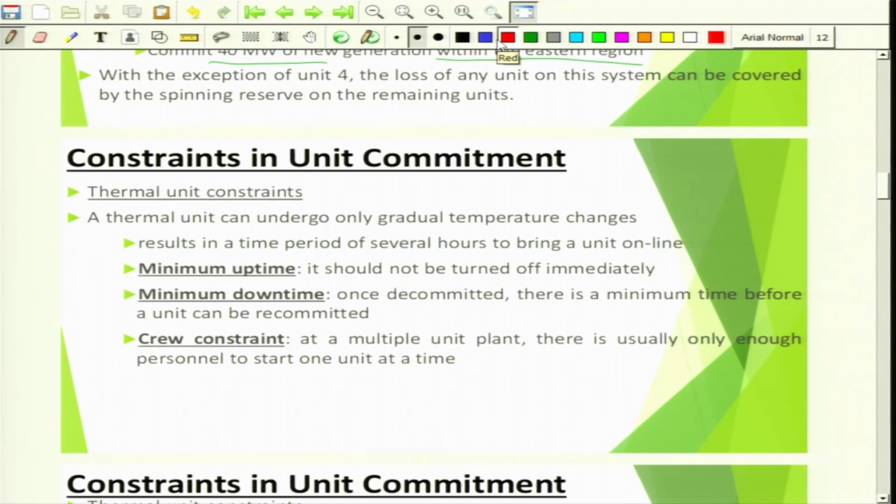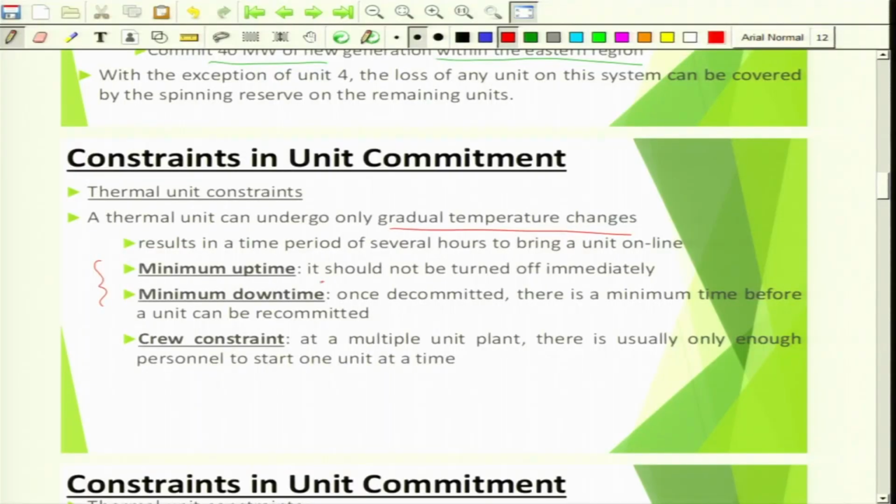Thermal unit constraints. A thermal unit can undergo only gradual temperature changes, which results in a time period of several hours to bring a unit online. So every generator has its own thermal limitations. We will discuss two important times, which are minimum uptime and minimum downtime. What is minimum uptime? A unit should not be turned off immediately. Let us say you come out with a case study where you suggest, let me switch off this unit for a specific time because load is coming down.